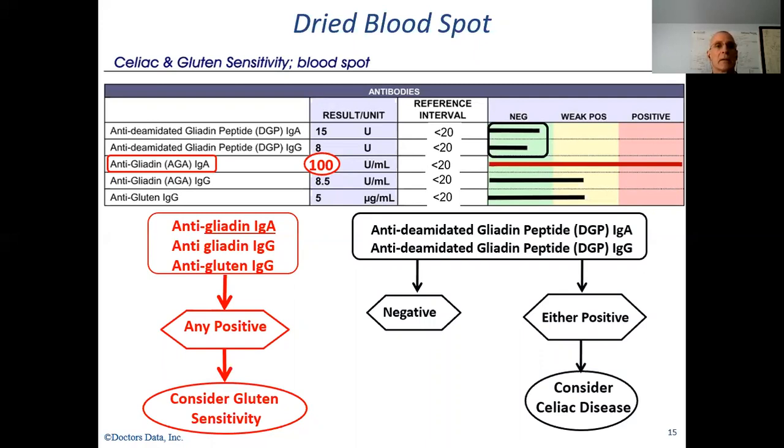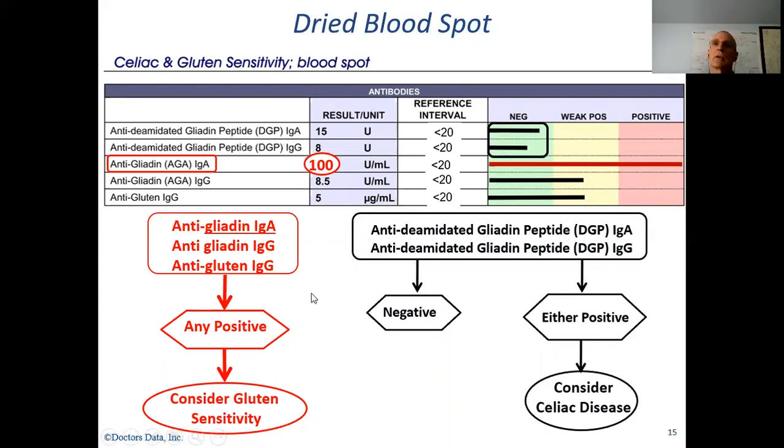So as a backup, we can look at the IgA and IgG for the deaminated gliadin peptides. In this case, they were negative, but lo and behold, IgA was significantly elevated against gliadin. So here we have a clear case of consideration of gluten sensitivity. Again, total IgA was measured so that we don't have a false negative for DGP.